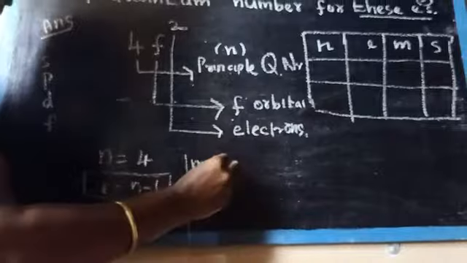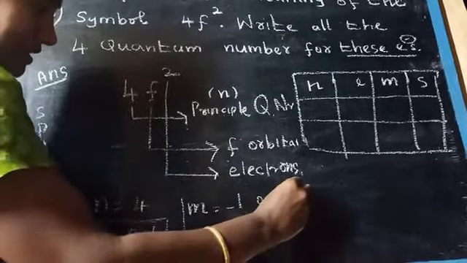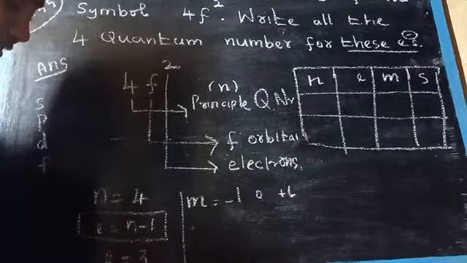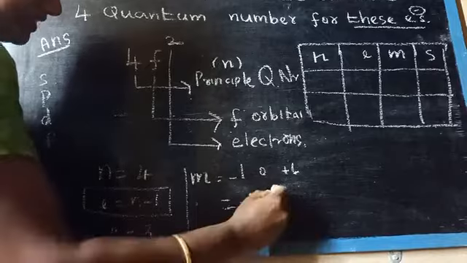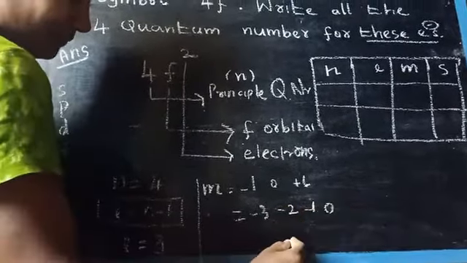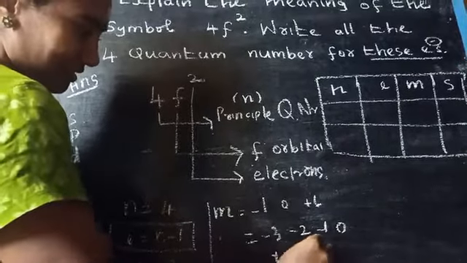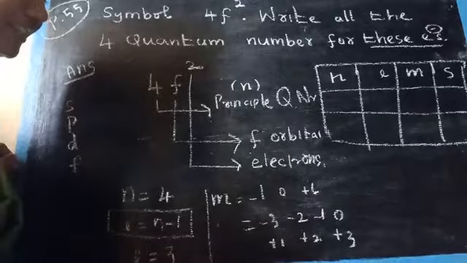What is the magnetic quantum number formula? Minus L, 0, plus L. Here L is 3, so minus 3, minus 2, minus 1, 0, plus 1, plus 2, plus 3. Are you clear, children?